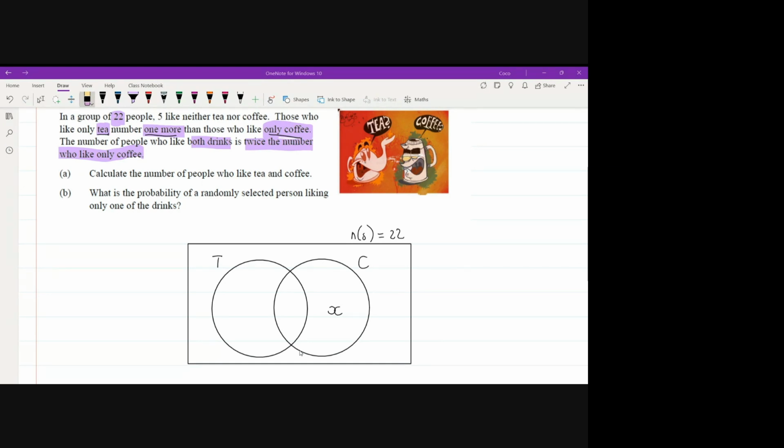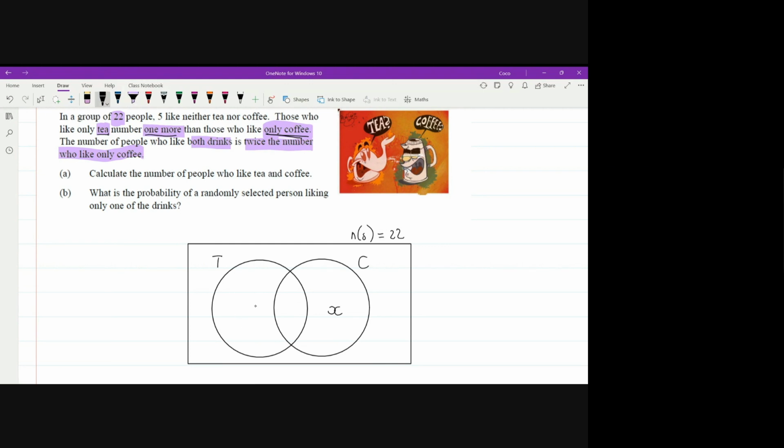Yes, Desmarie, I think it is. Let's read that sum again. It says those who like only coffee. So can I include the intersection? Good, Amanda, that's it. We can't include the intersection because that part would be coffee and tea. Now they're saying those who like tea number 1 more than those who like only coffee.